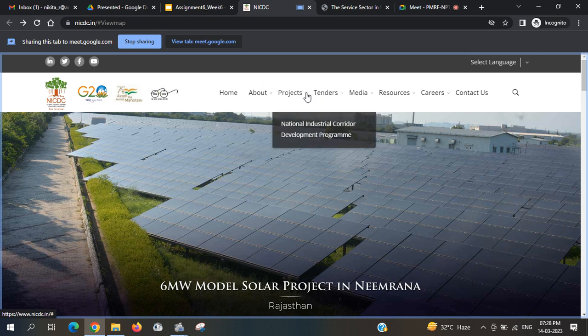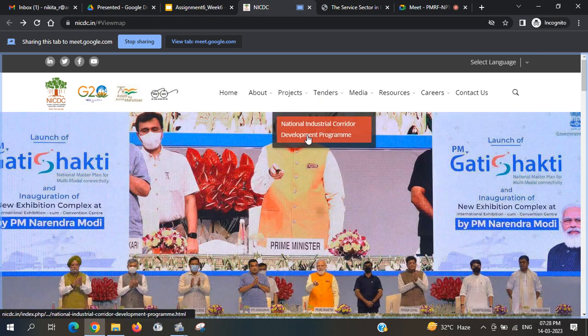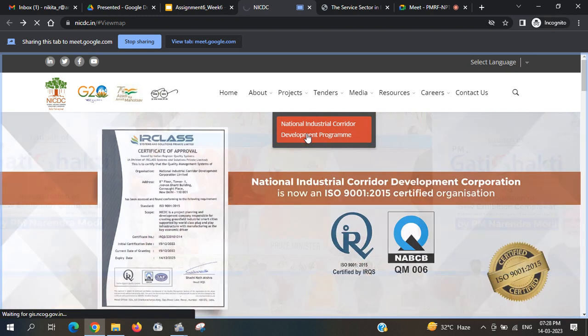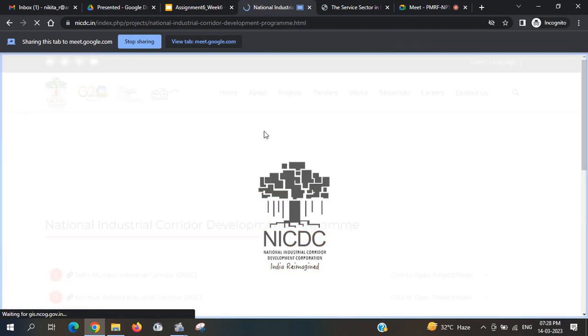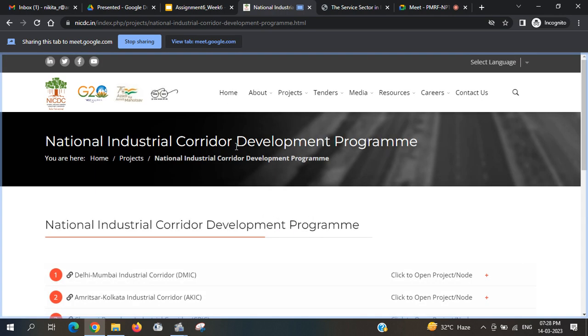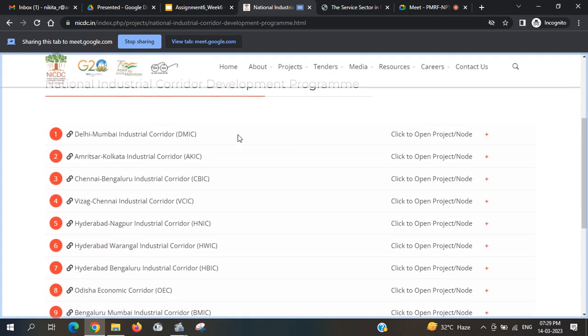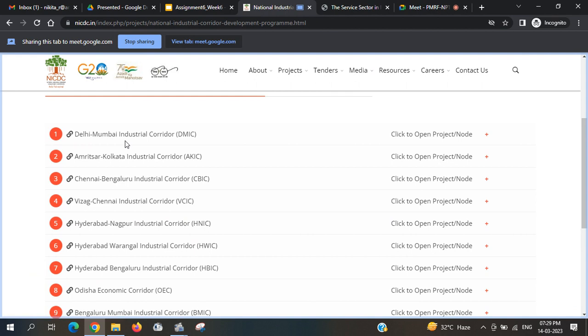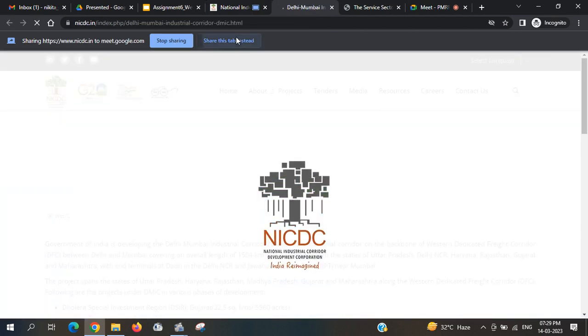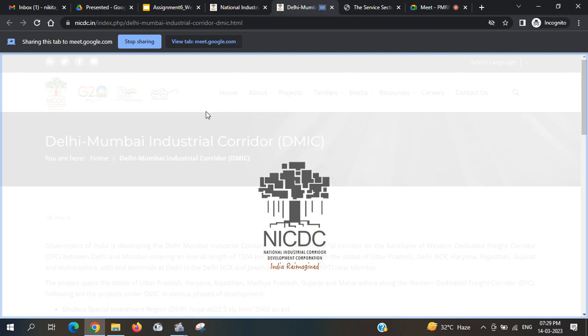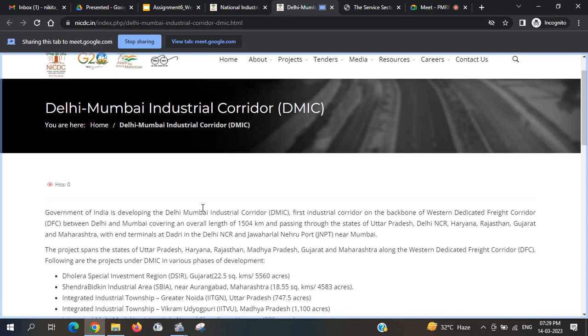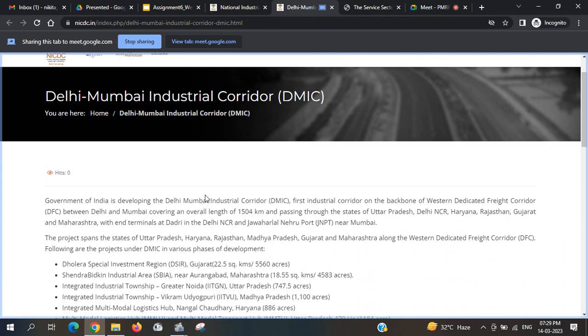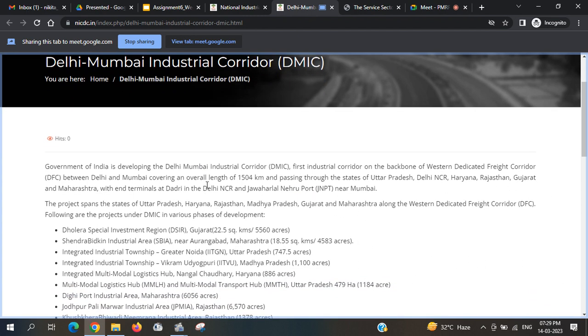You can even see the different projects which are part of the National Industrial Corridor Development program, and you can see the details about different projects. So for example, this is the Delhi-Mumbai Industrial Corridor.